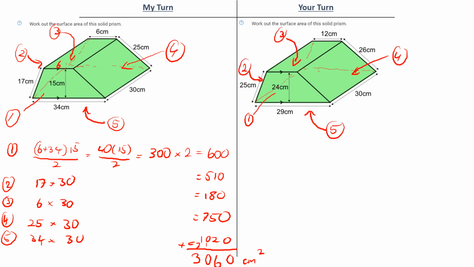Okay, so for our two trapeziums, so we've got base, the A and the B added together, so we've got 12 add 29 times by the height, which is 24, divided by 2. Now put all that into a calculator in one go, and you should get 12 add 29 times 24 divided by 2, so you get 492.